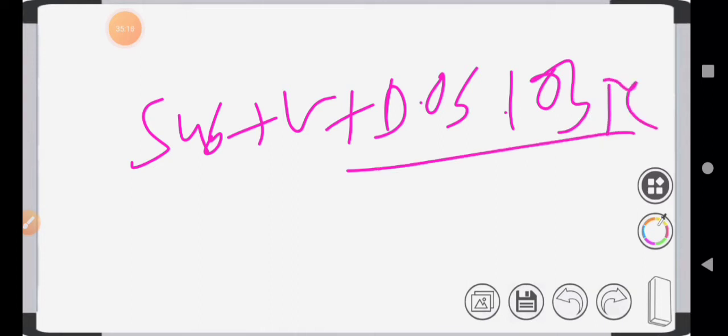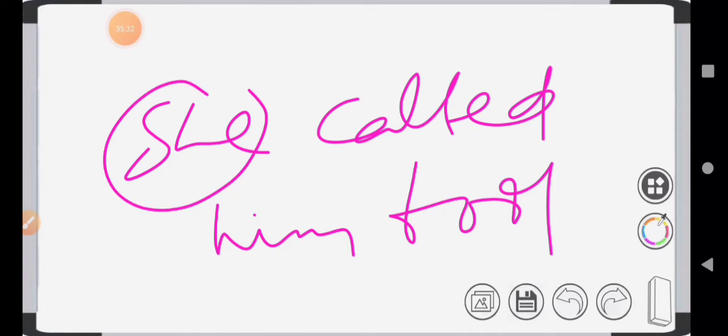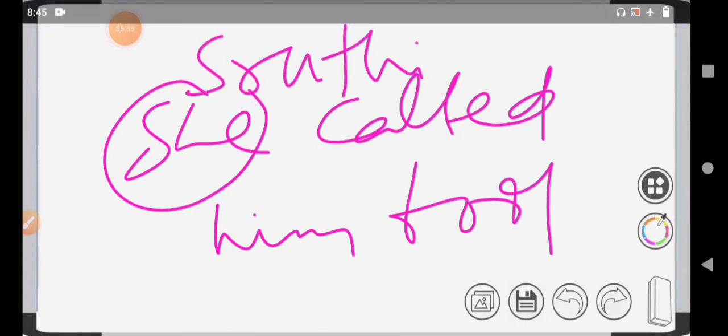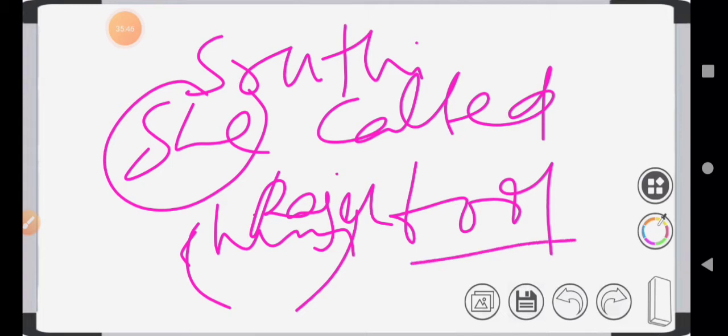For example, Shruti called Rajesh fool. Here fool, who is fool? Rajesh. Subject, verb, object. That means fool is the object complement. You should understand that one.